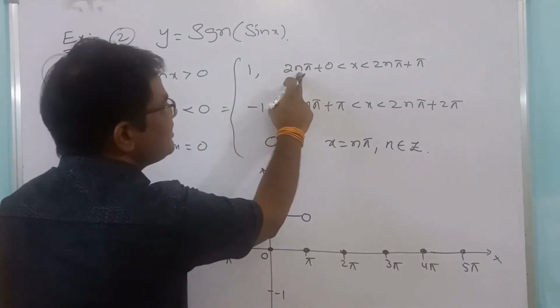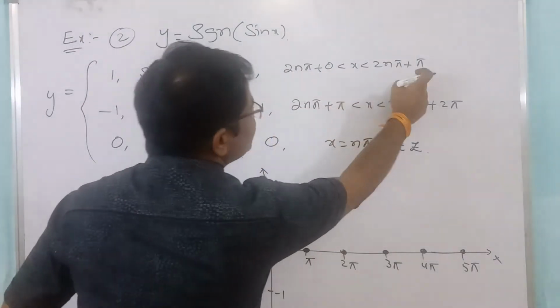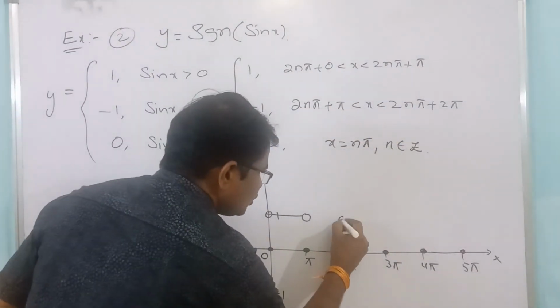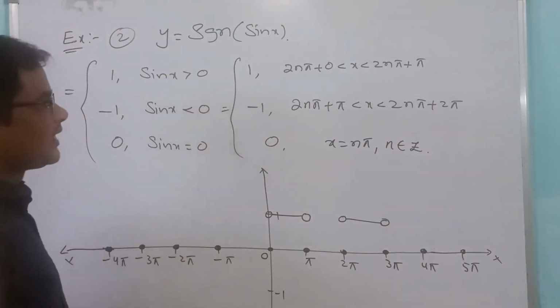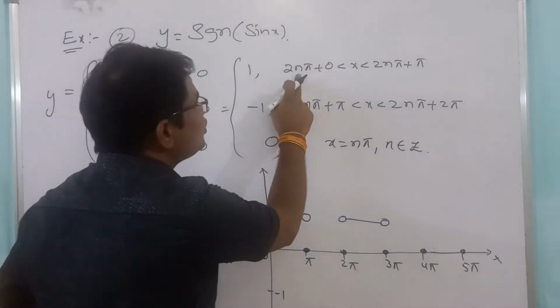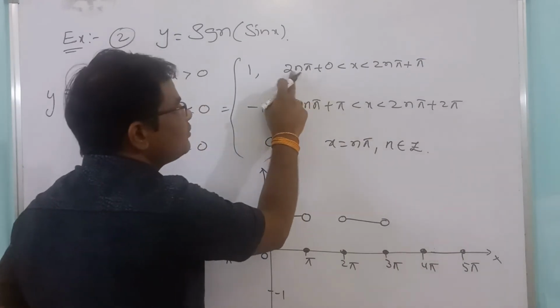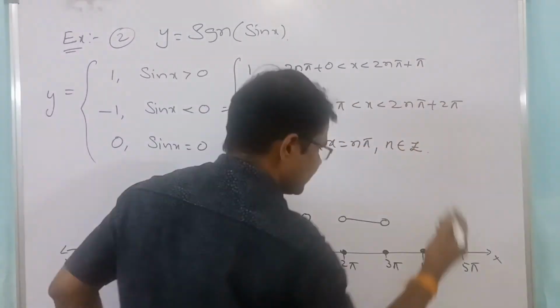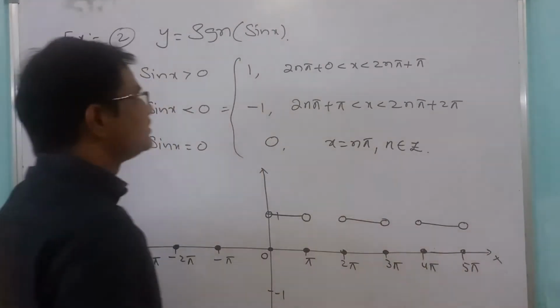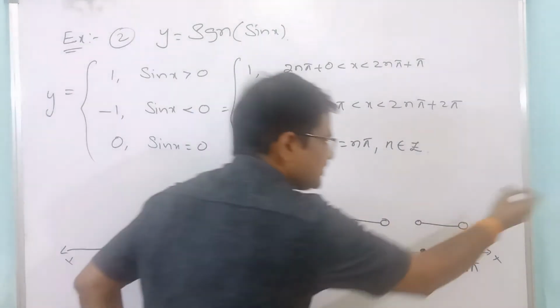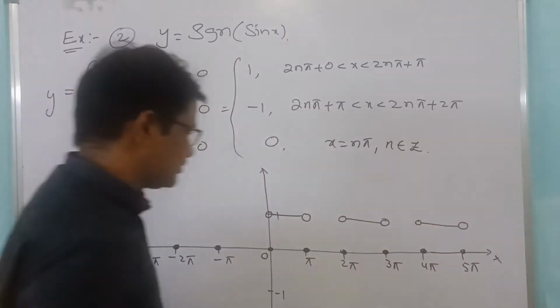N equal to 1 means 2 pi to 3 pi. So 2 pi to 3 pi also y is 1 only. Next, n equal to 2 means 4 pi to 5 pi. Here also the y value is 1 only. If you take some more values, like that we can produce.